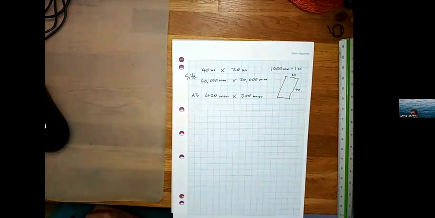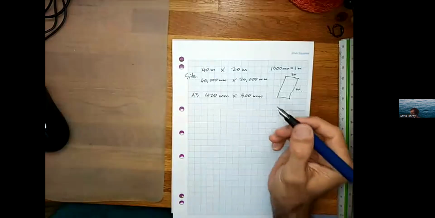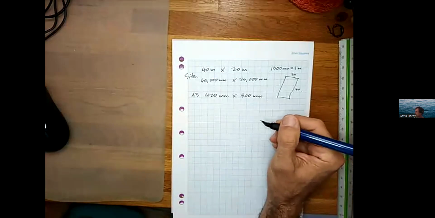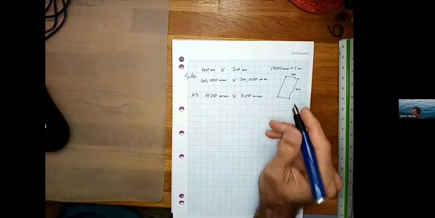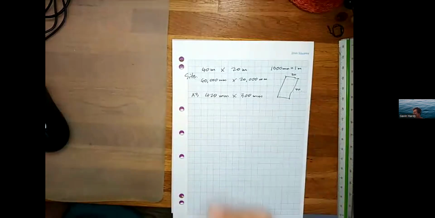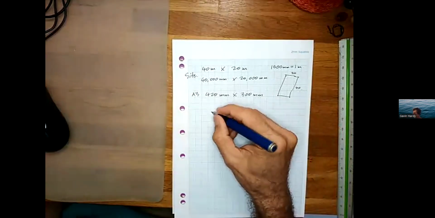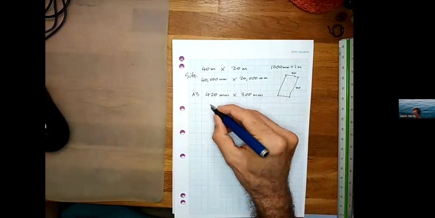Well, we want to allow a little bit of margin on our sheet. We don't want our site to be going right to the edge of the sheet. We want at least a little bit of margin. So I would be allowing for margin. I would be saying at least 1 centimetre. And in fact, for the purpose of this exercise, we'll just go with 1 centimetre because it makes the calculation a bit easier.